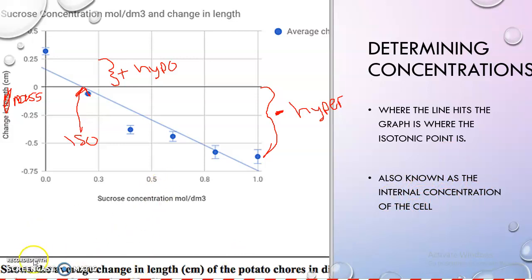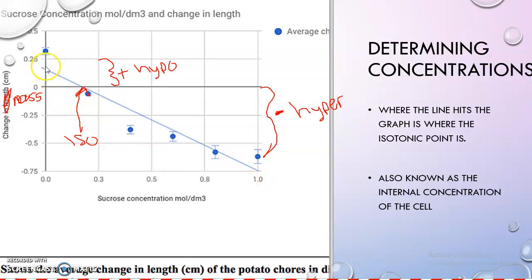So you're going to see this when we do labs to determine the concentration of a cell. So if we take, let's say, a carrot, and we put it in various solutions of varying concentrations, we can put it in pure water, we can put it in a 1 molar solution of sugar.